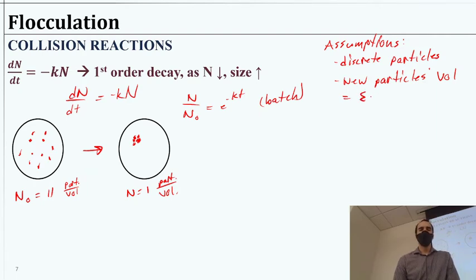I'm just going to say the sum of old particles. So the net particle volume is not changing in the system. They're just the number of particles that we define, right?